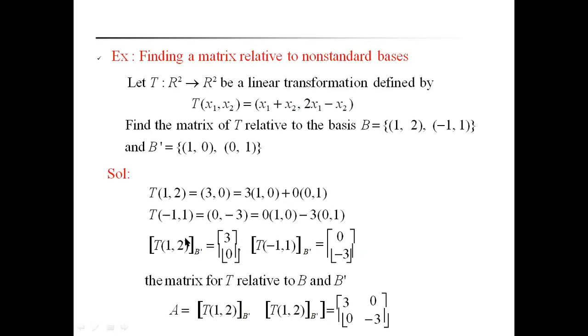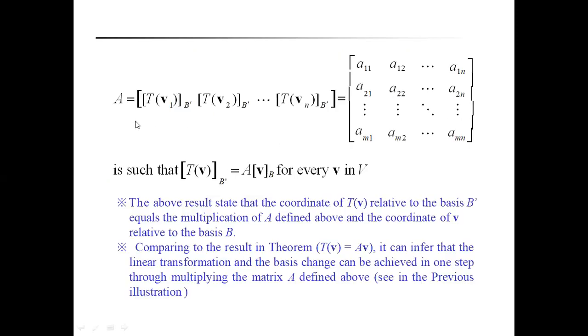The formula is: the coordinate matrix of T of V relative to the basis B dash is equal to A times the coordinate matrix of V relative to the basis B. That's why, to find the matrix of T relative to the bases B and B dash, A can be written as, this is the formula from the previous example, A is equal to [T(V1)] B dash, [T(V2)] B dash, and so on up to [T(Vn)] B dash.